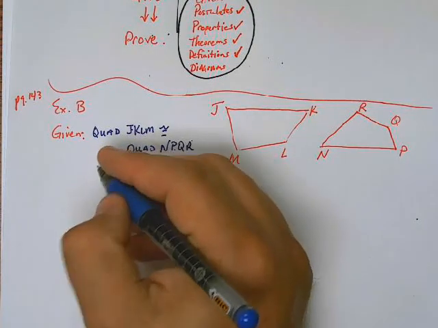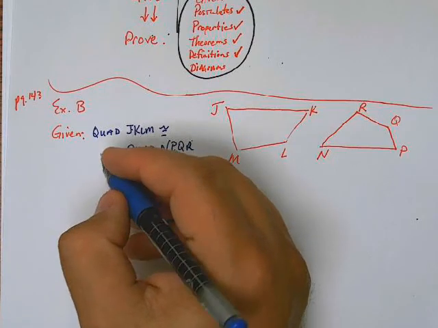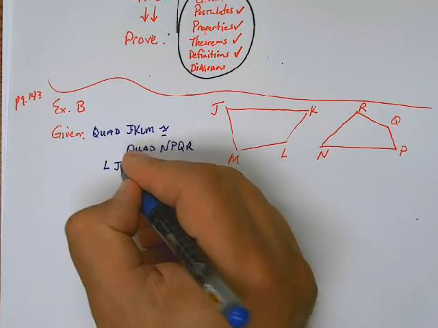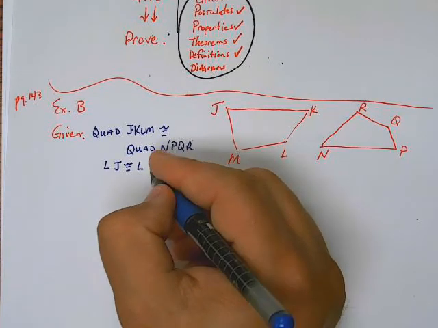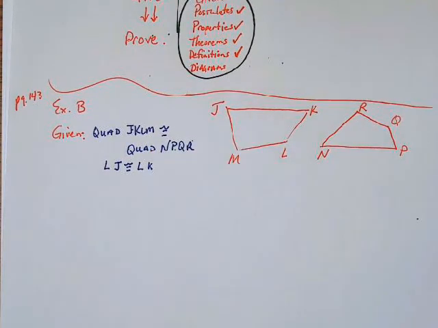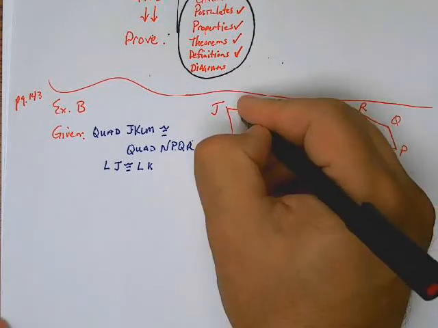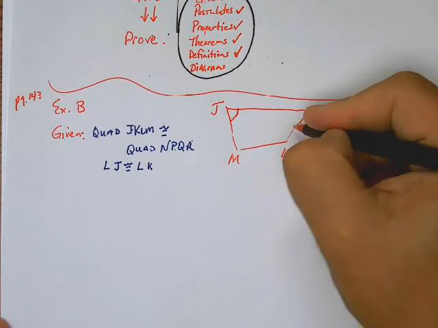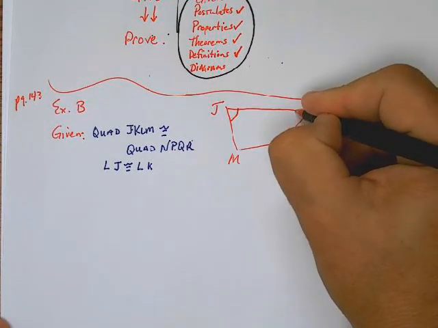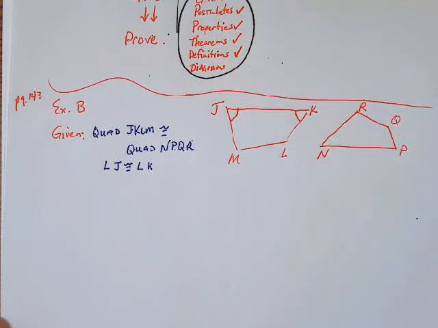They also give us that angle J is congruent to angle K. Now, one thing that I like to do is when I look at this, that tells me that this angle and this angle are the same.